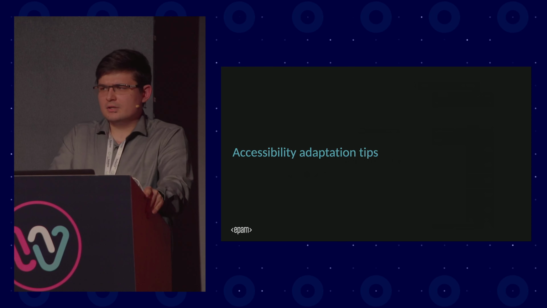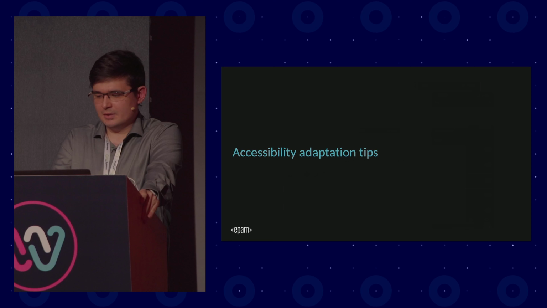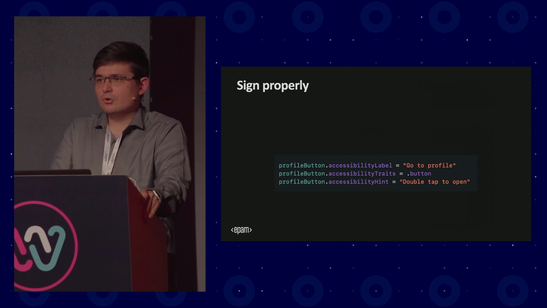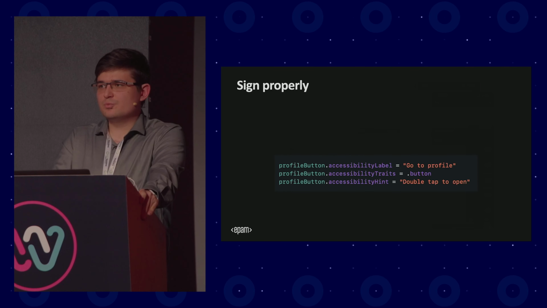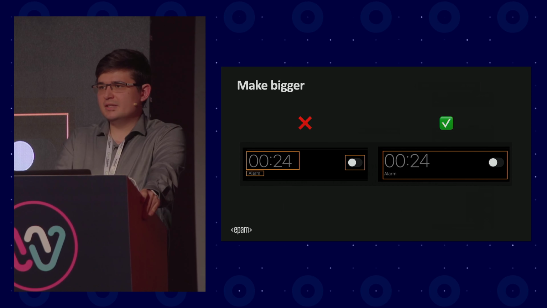Now let's conclude and talk once again about how we can begin implementing accessibility in our existing applications. First, assign all the accessibility elements properly. Use accessibility label, traits, values and hints to describe to the user what this element is all about. Second, make accessibility elements bigger.